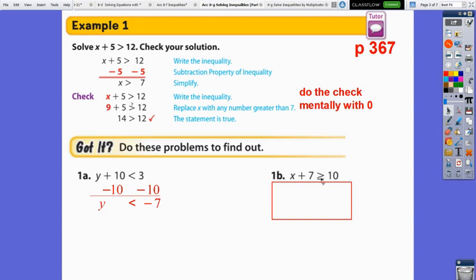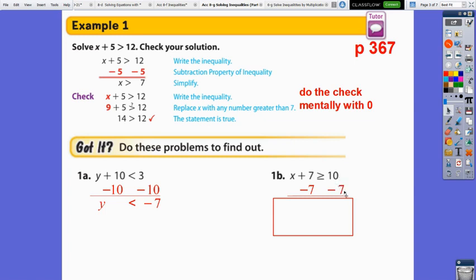x plus 7 greater than or equal to 10. Notice that I haven't changed the inequality sign. It doesn't move or change. It stays the way it was. To get x by itself here, I need to get rid of the plus 7, so I'm going to subtract 7 from both sides. You must, just like with equations, show that you are doing the same thing to both sides of the inequality.